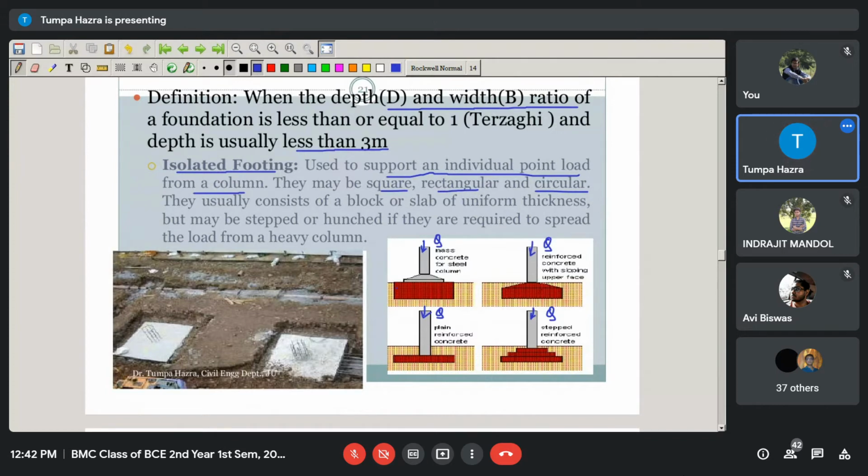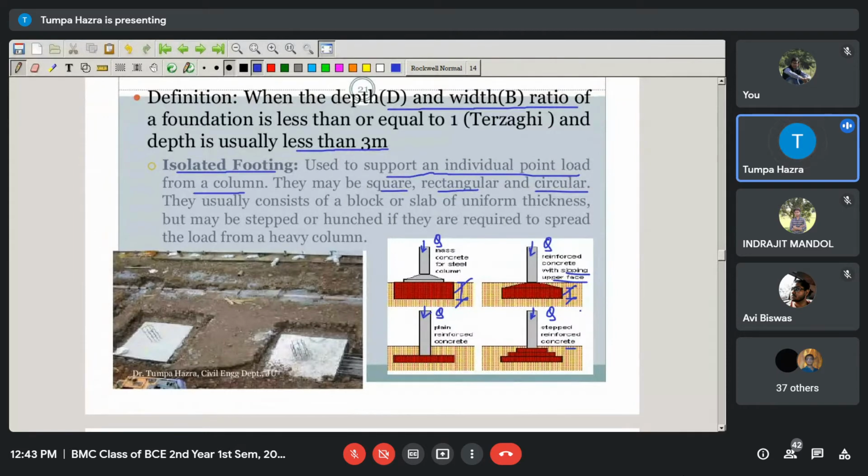They may be square, rectangular, even circular, and they may be of uniform thickness, or stepped. Here you can see a stepped reinforced concrete footing, and here you can see the upper surface is sloped and the lowest portion is rectangular, a solid one.